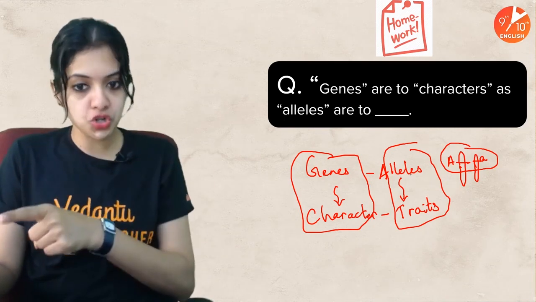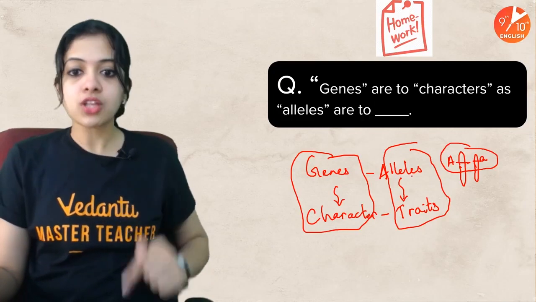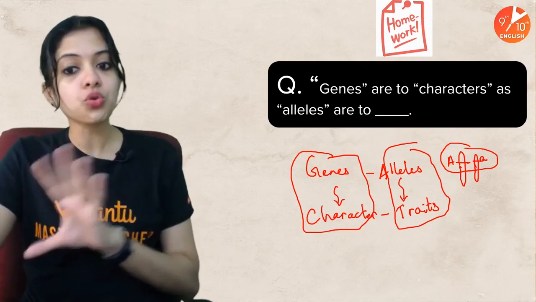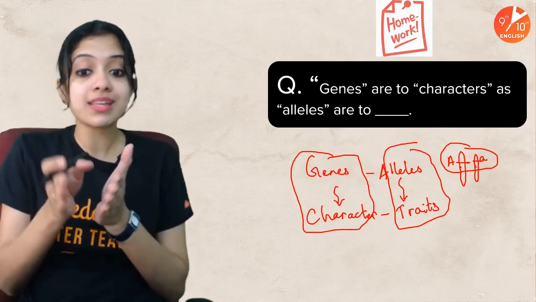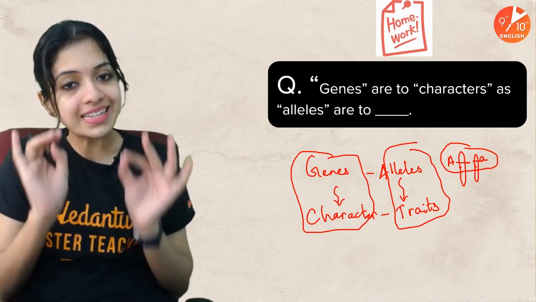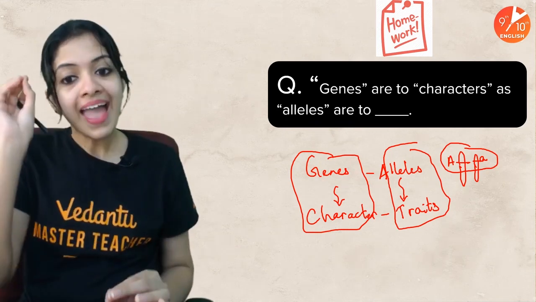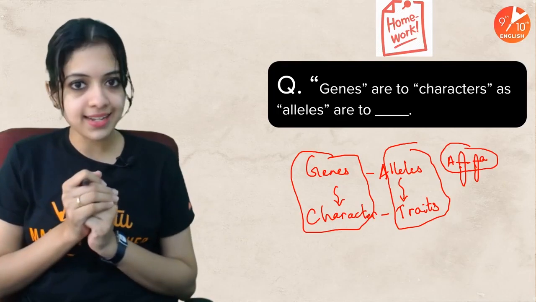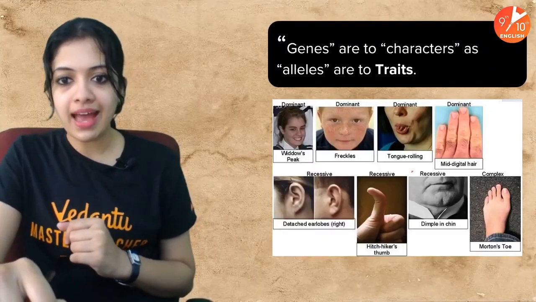Allele is to trait as genes are to characters. Children, you must know the difference very clearly. I know there's a very thin line of difference, but always remember this simple rule: alleles are versions of genes and traits are versions of characters. All right, let's move ahead.